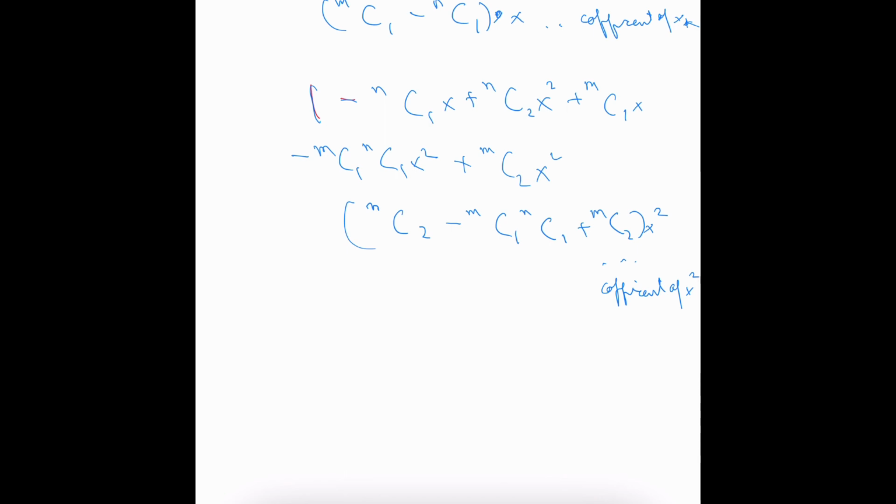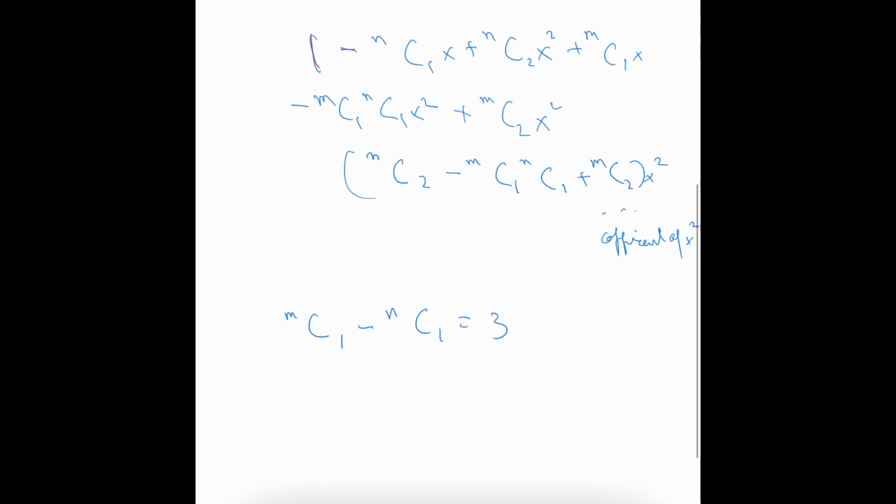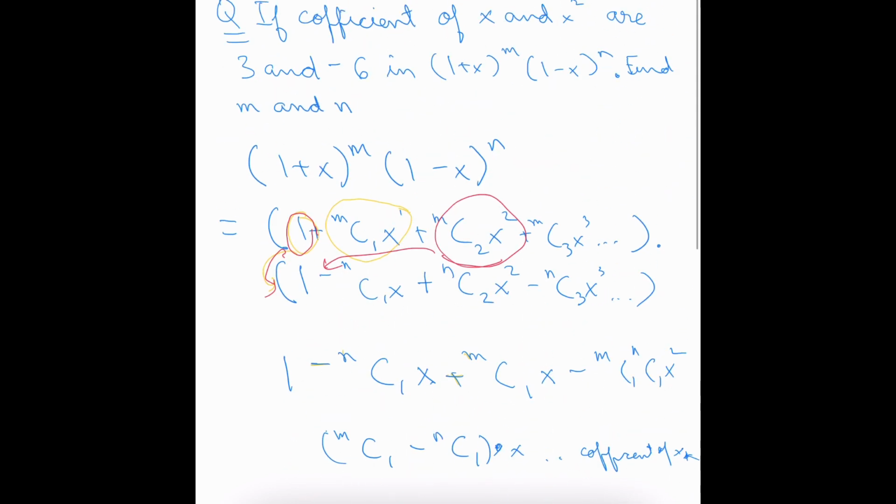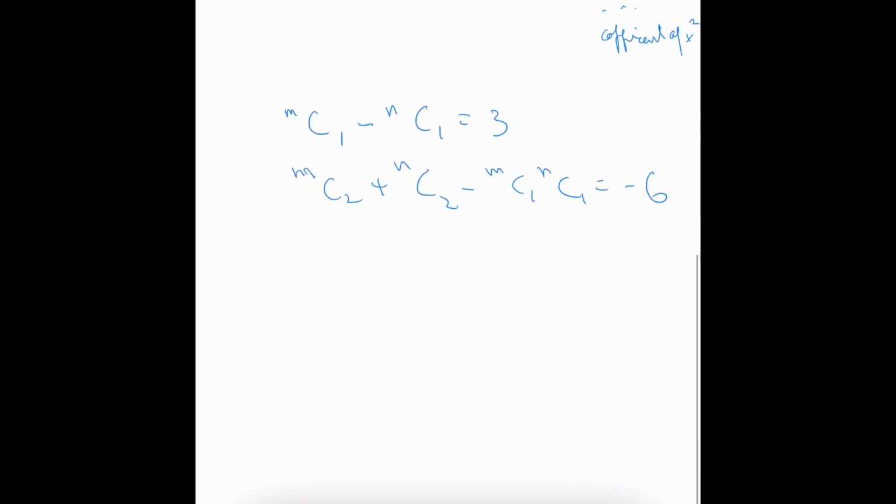So now we know that mC1 minus nC1 is 3, and mC2 plus nC2 minus mC1 nC1 is basically minus 6. Next we have to simplify the combinations.